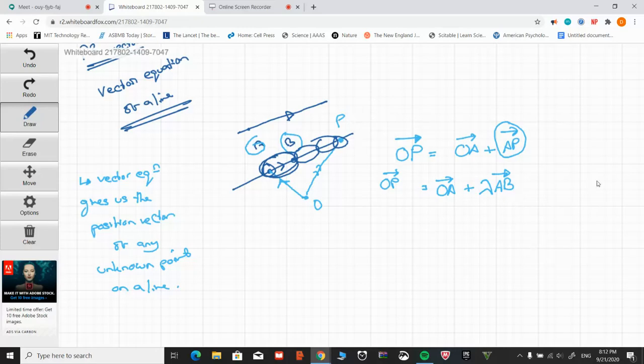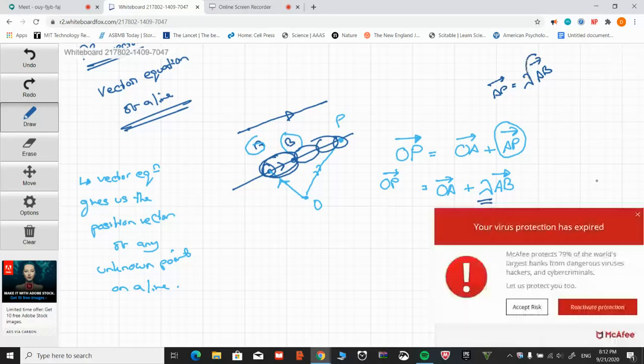Since I do not know how many ABs will give me AP, I am writing it as this missing constant lambda. So I can say, look, AP is some multiple of the vector AB.